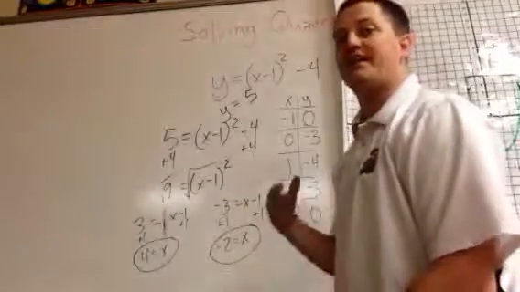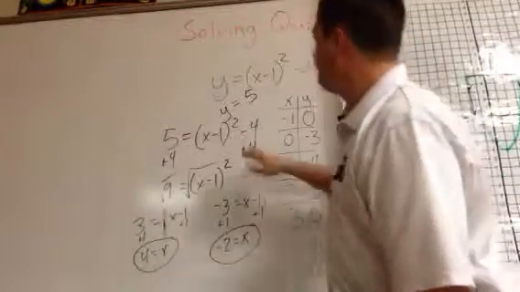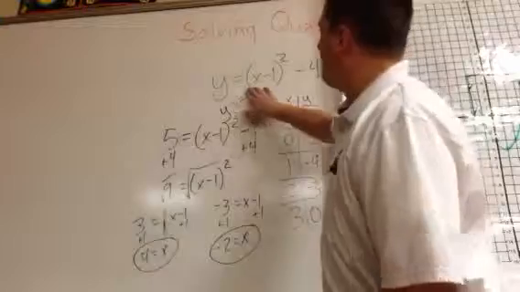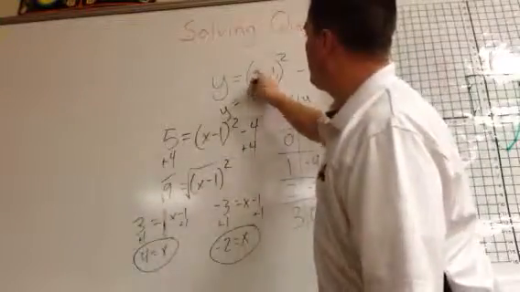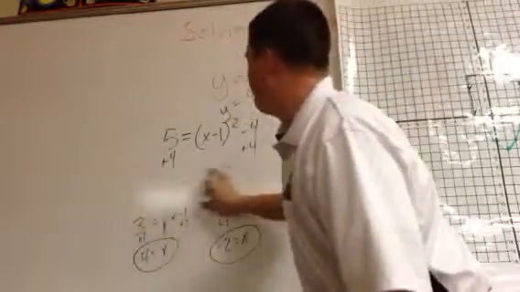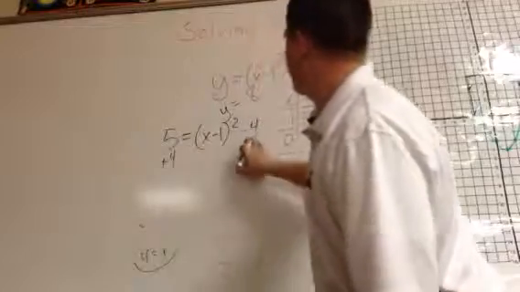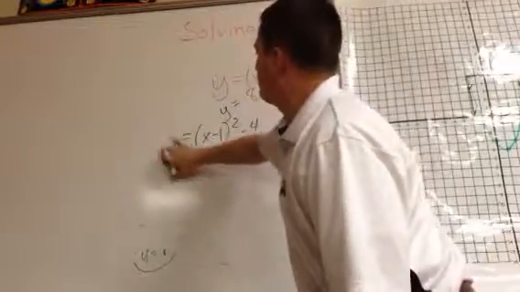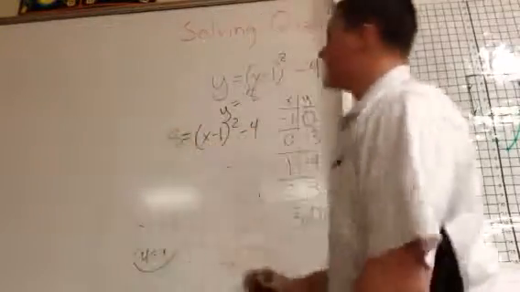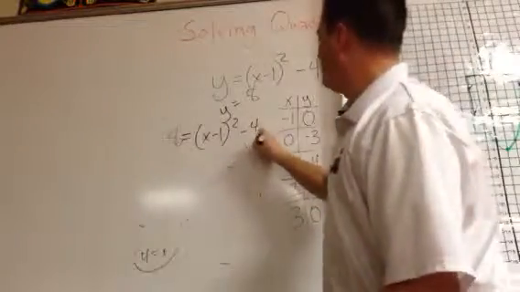Now let's look if it doesn't come out perfectly. So instead of 5, we're going to go with an answer of 8, a y value of 8. We're going to add 4 to both sides.